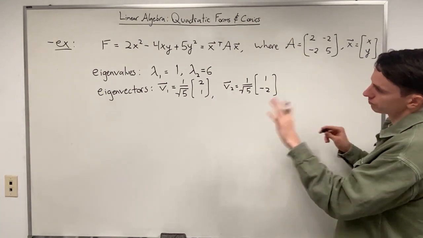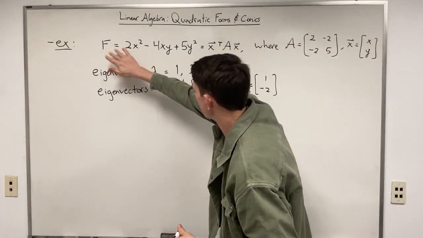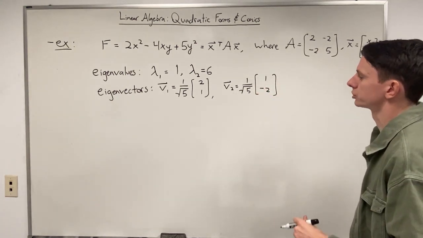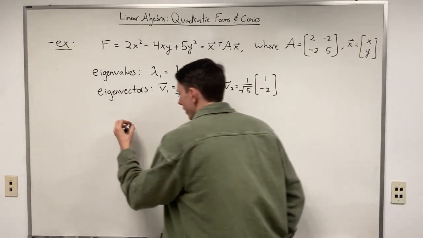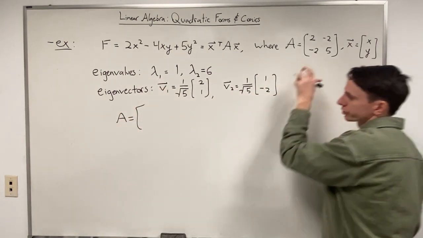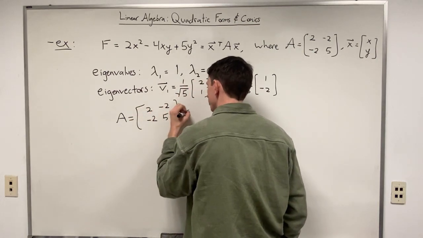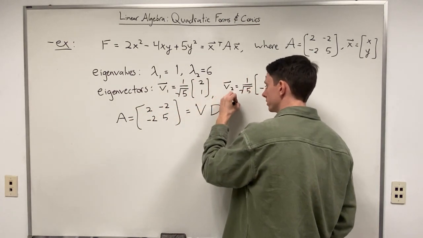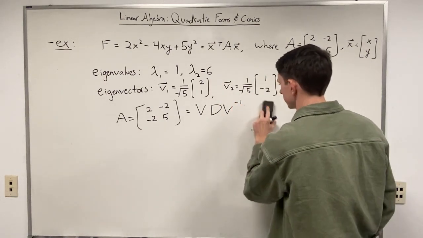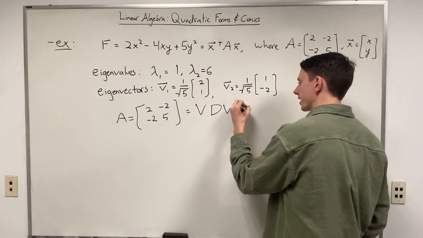So let's see how, with this setup, we are able to rewrite this quadratic form F in the simpler form that we described earlier. We can first say that our matrix A, which is this real symmetric matrix, 2, -2, -2, 5, can be decomposed as V D V inverse, where V is simply the matrix whose columns are the eigenvectors.